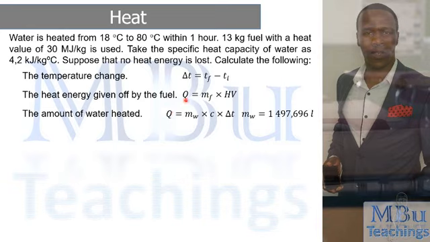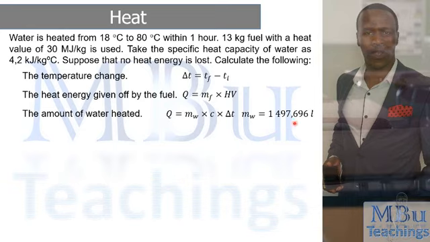So we already got the heat energy, so we can substitute for the heat energy by its value. Specific heat capacity of water, substitute by it here. Change in temperature, we substitute by it so that we may get our mass. So this is the mass of this water.